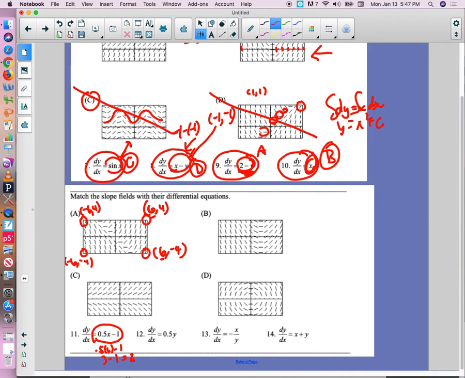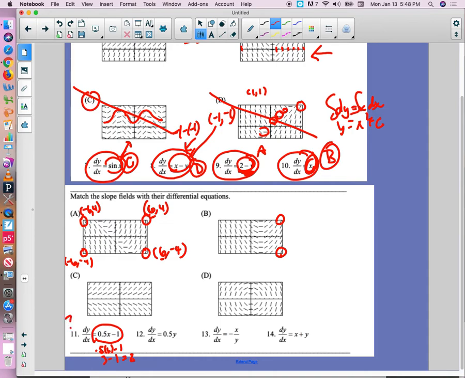So let's look around and see which one looks like it has a slope of 2 everywhere. Oh, just when x is 6, sorry. I think that's happening right here when x is 6. This slope looks like a 2 and a 2. So now I'm looking at 11, maybe will match B.